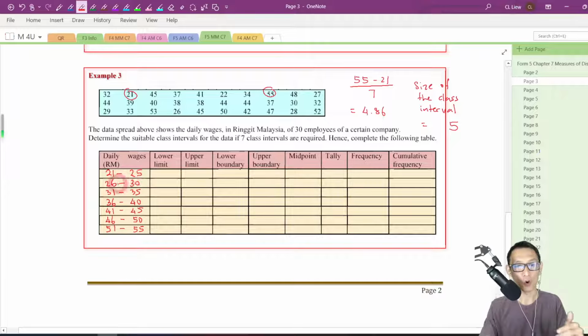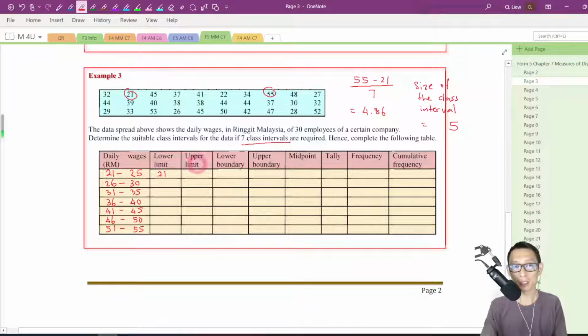Here, all of this we call class intervals. We have 1, 2, 3, 4, 5, 6, 7. We have 7 class intervals. Now, what is the lower limit? The lower limit means the lowest value of the data which can be categorized in this class interval. So when you look at the range given here, it's 21, right?